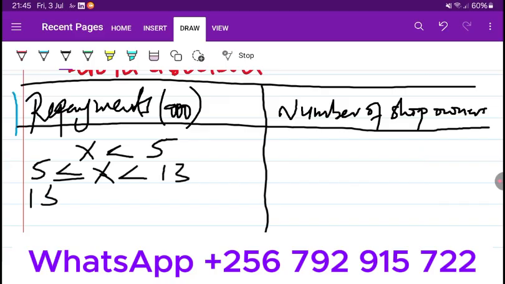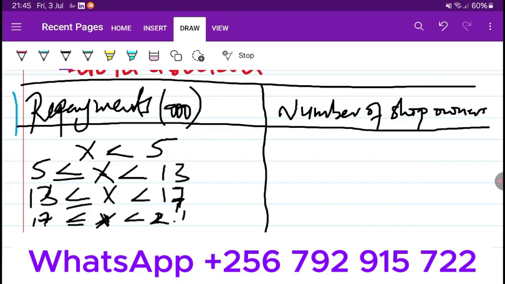Then this one, the x here is greater than or equal to 13 but less than 17. So they are presenting them. These are exclusive classes. This one is 17. So this is 21. Let me give their classes. This one is 7. This one is 60. This one is 101.